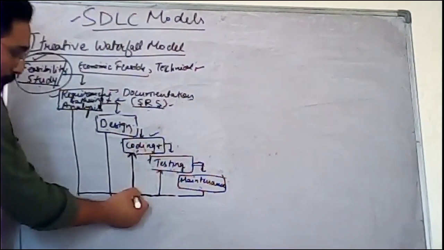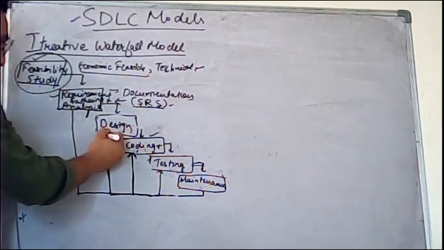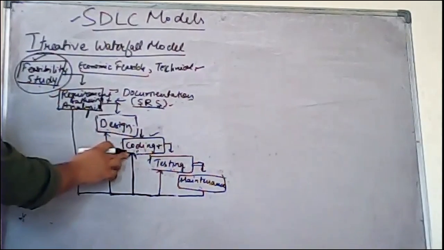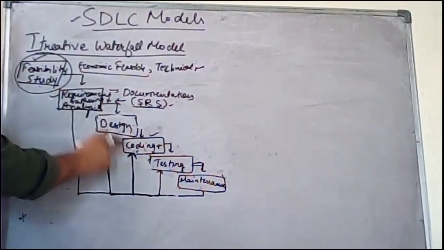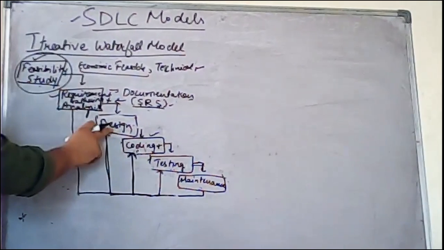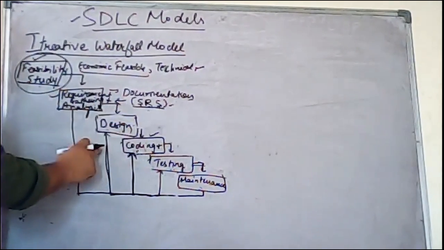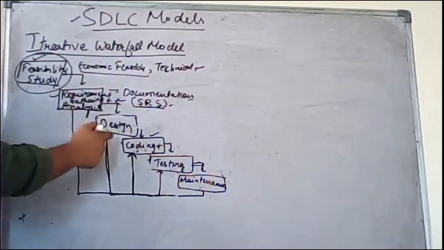If there is a problem in coding, then it will backtrack to the design phase. If the code being implemented has a problem arising from the design that the design team made, they will backtrack and report the problem.